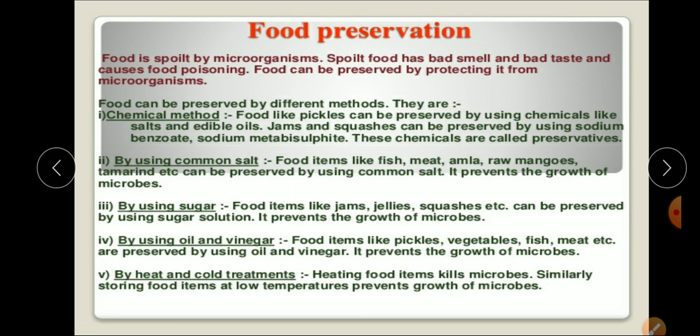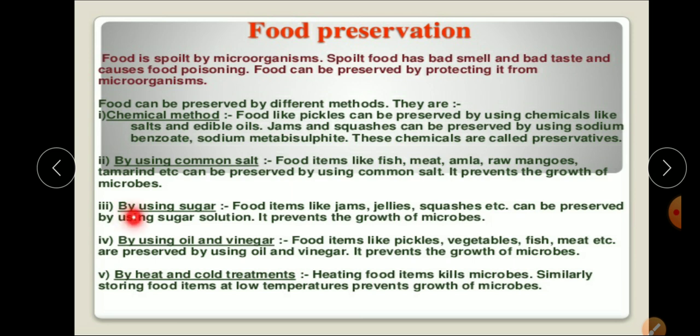They used to put common salt to preserve this food, that is meat, fish, mangoes, amla, turmeric, and it helps to destroy the growth of bacteria. Understood? So by using common salt also, you can preserve the food.